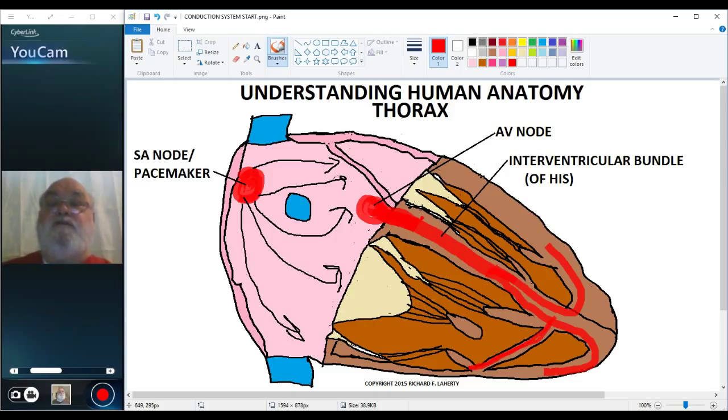This is one of the reasons why an infarct of the anterior descending coronary artery can have catastrophic effects. It will block transmission of the impulse from the pacemaker to the ventricle.